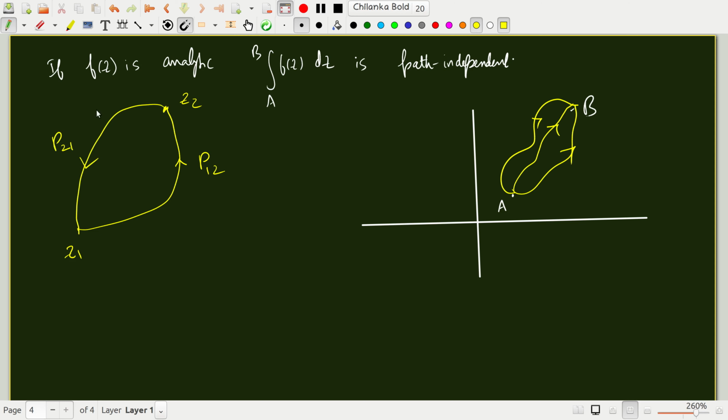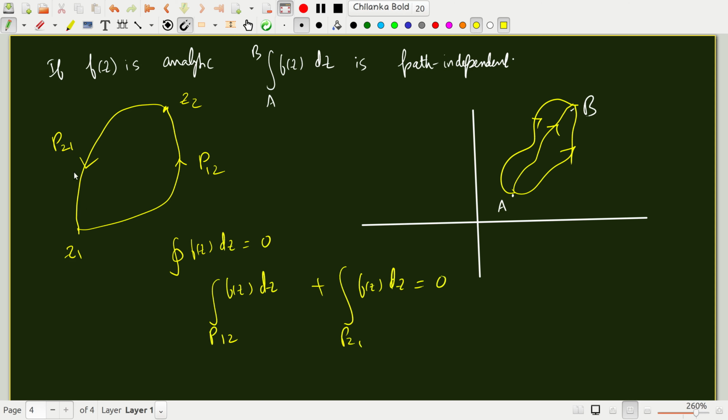But if the function f of z is analytic, we know that the integral over this closed contour, which is comprised of p12 and p21, of f of z dz is 0. This is Cauchy's integral theorem. This is integral over p12 f of z dz plus integral over p21 f of z dz is 0.